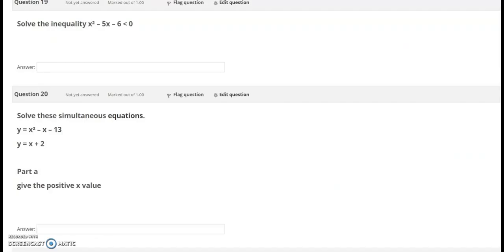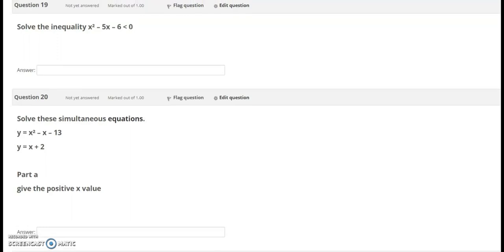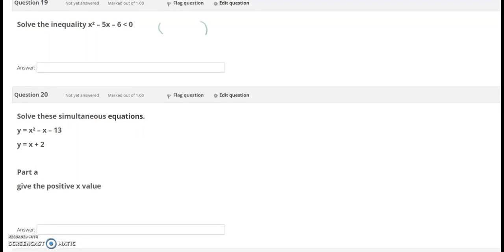In question number 19, we've got to solve the inequality x squared minus 5x minus 6 is smaller than 0. So we'll treat this like a quadratic equation, and if it was equal to 0, we'd factorize it. So I'll open up two sets of brackets. We've got x here and x on the other one.